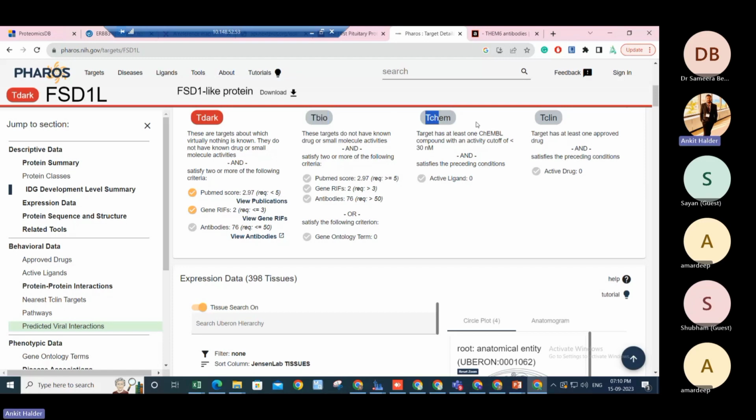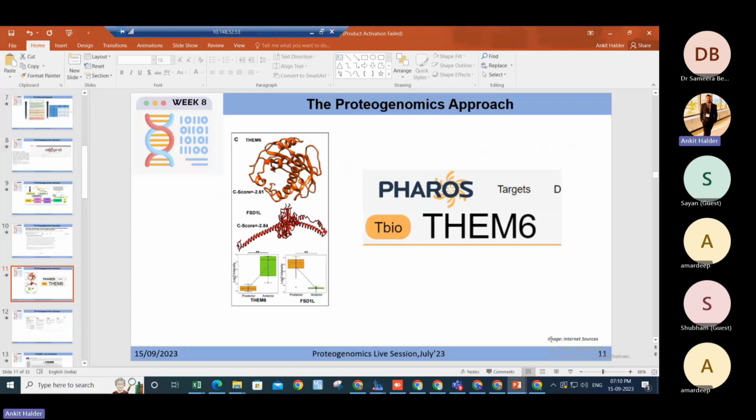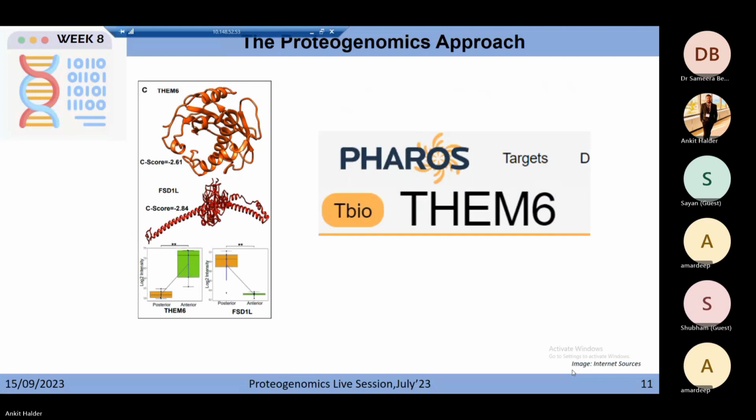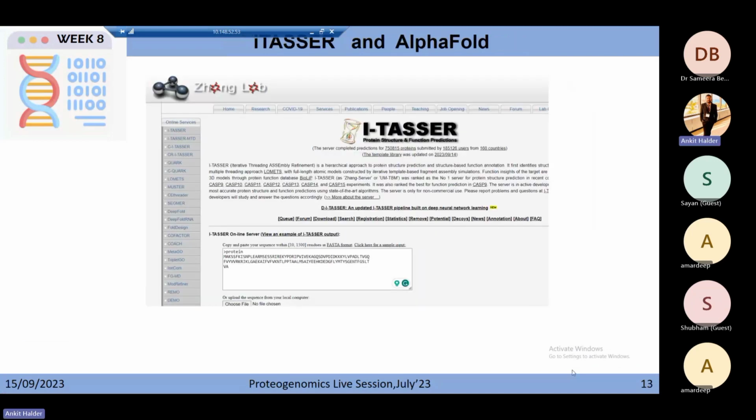So it is not in other stages. As I just discussed, you can find out the definitions. So this is the development summary. So what are the different stages for your particular target that you can try to find out and classify.